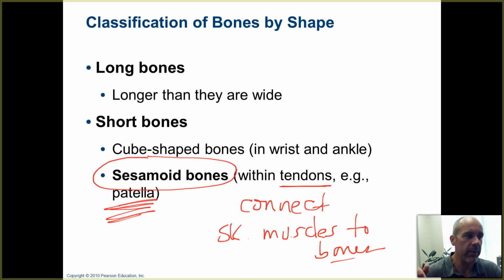For example, people who overuse certain joints sometimes have the soft tissues around the joint calcify and form a sesamoid bone, but those occur from individual to individual and don't necessarily exist in every person. The two sesamoid bones we all have are our two patellae, our kneecap bones.